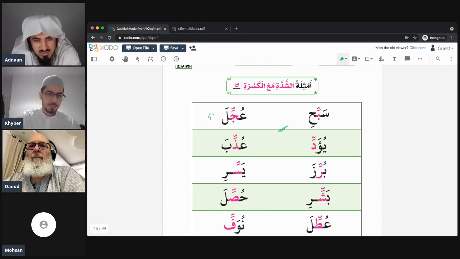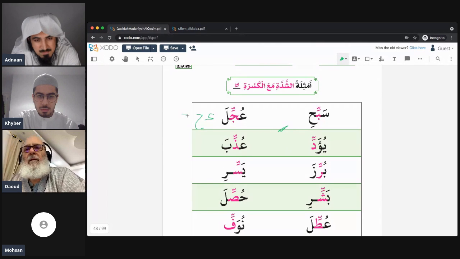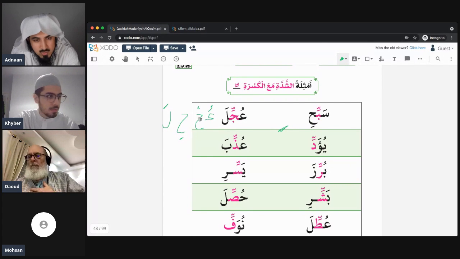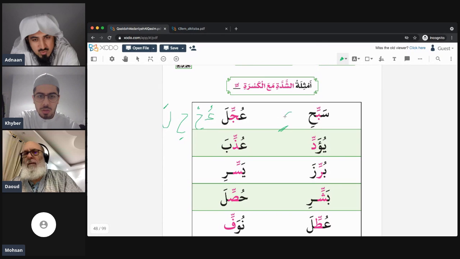This word is Ain and Jim and the second Jim and a Lam. This one has a Sukun, this one has a Kasrah, and this one has a Fatha, and this first one has a Dhamma. You're saying Ujila, Ujila.